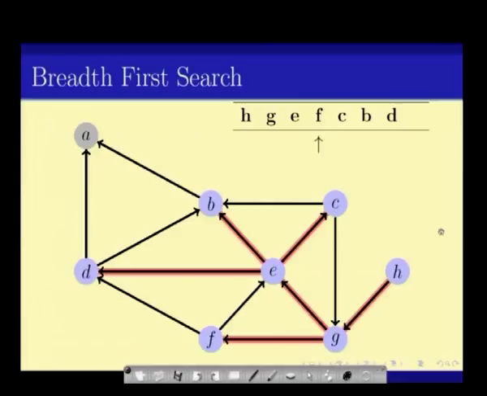Now, what is the next one? The next element in this queue is F. At this point, F has two neighbors.